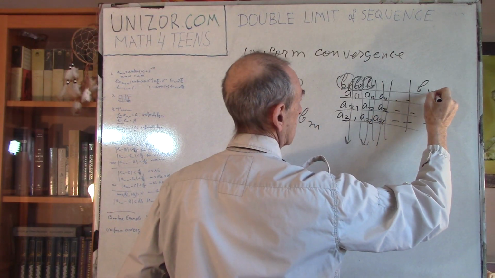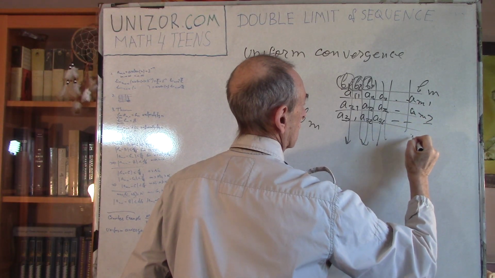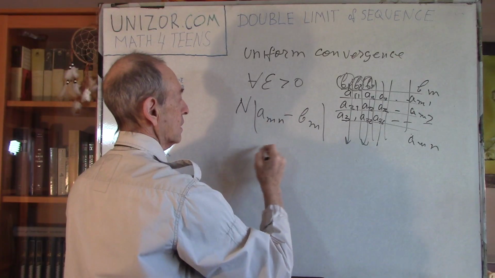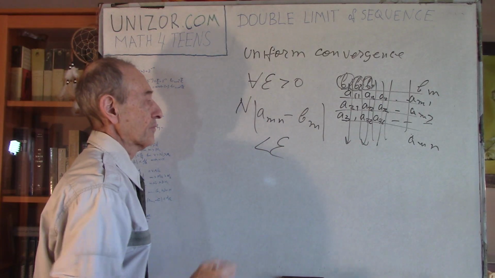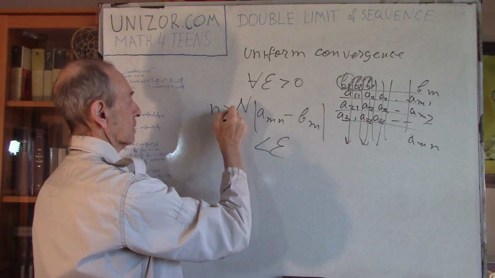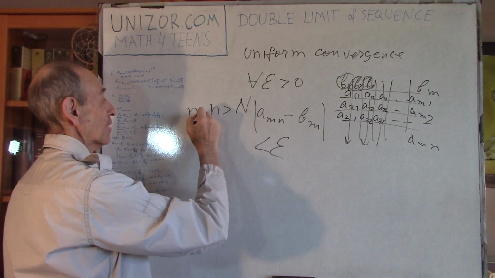So this is b_m, this is a_m1, a_m2, a_mn. Not only would this be less than epsilon for any n greater than N, but also for any m as well.